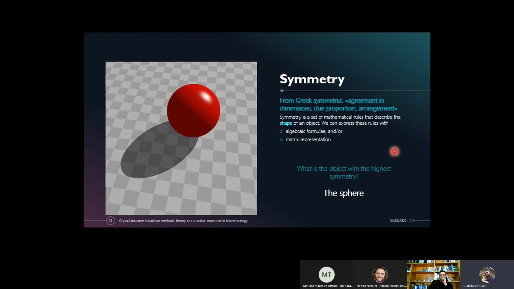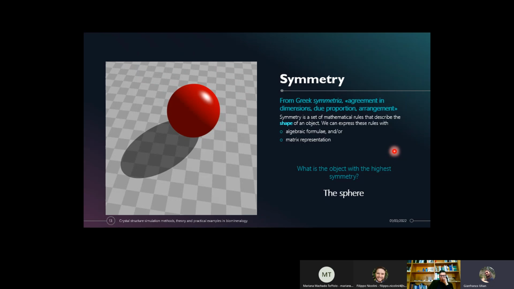Symmetry derives from the Greek word symmetria, that means agreement in dimensions, due proportion, and arrangement. So what crystallographers did in the past and today is to describe the shape of an object in terms of a set of mathematical rules.